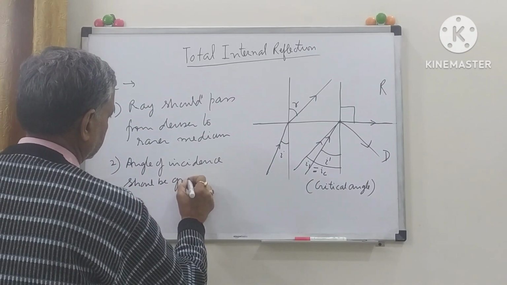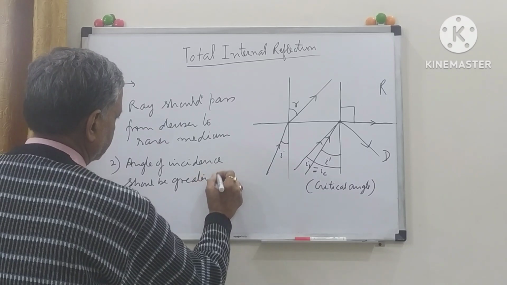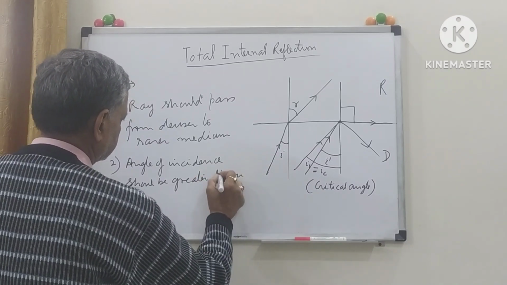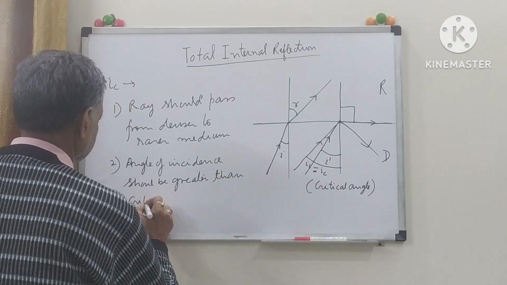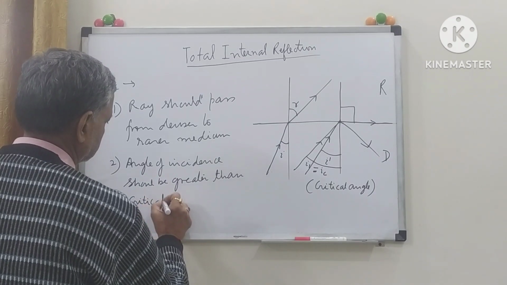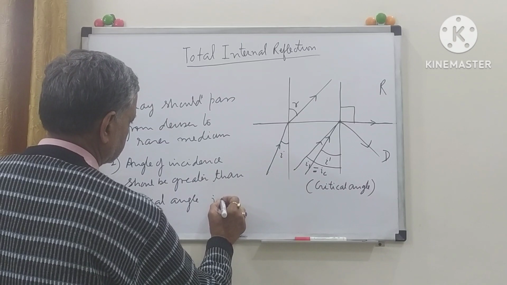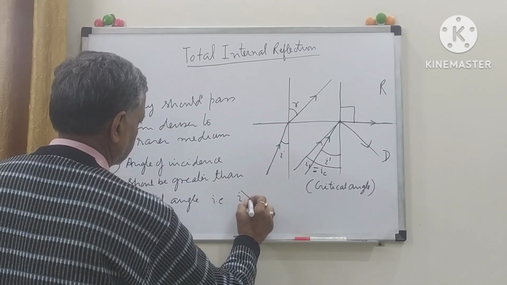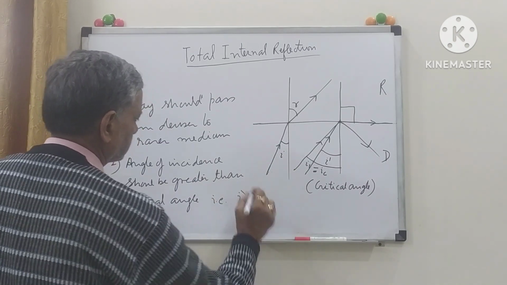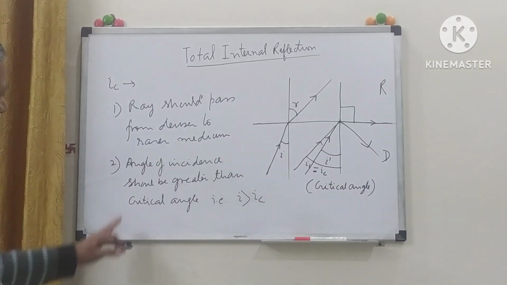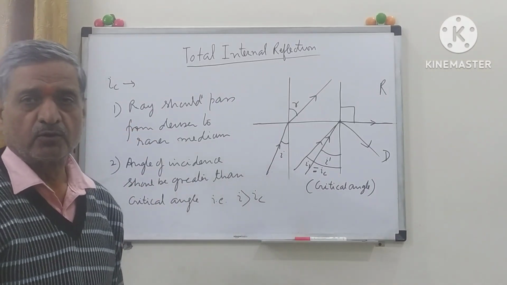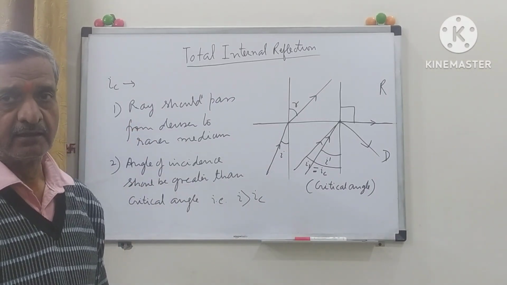That is, I is greater than I C. And this is the condition for total internal reflection.